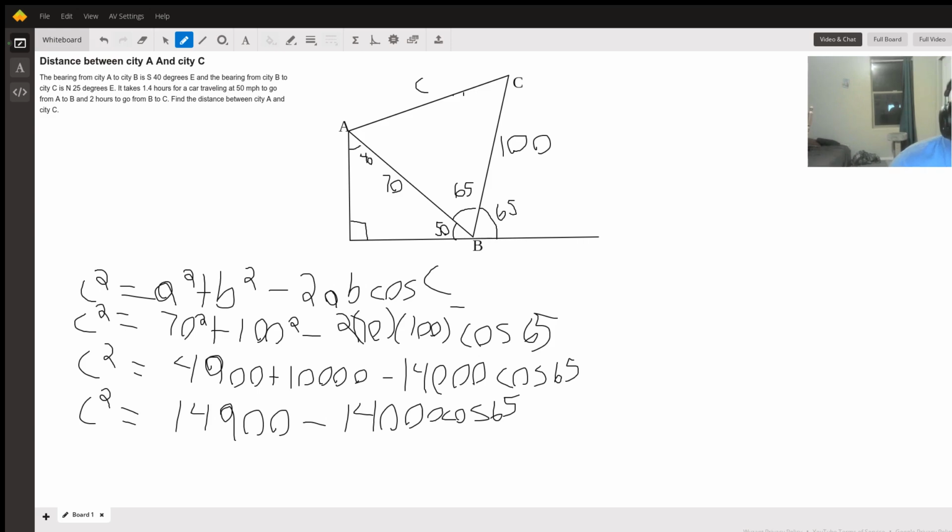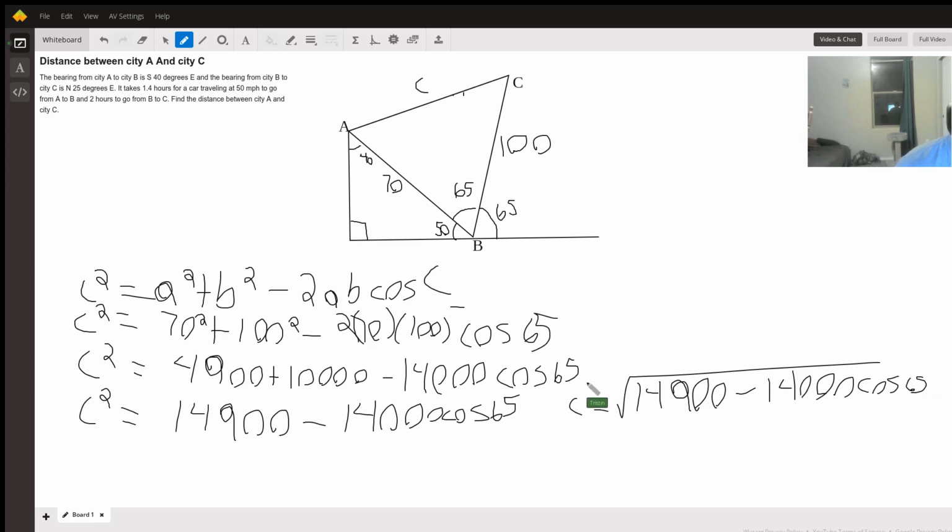Gotta make sure my calculator is in degrees. Okay, so I get the answer is 94.78 miles, which is approximate. Hold on, I didn't quite simplify. So this means that C is equal to the square root of 14,900 minus 14,000 cosine of 65 degrees, which if you plug into a calculator, it turns out that C is approximately equal to 94.78 miles.